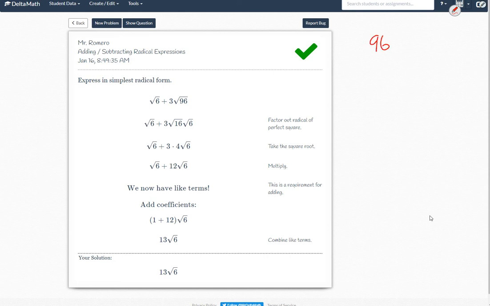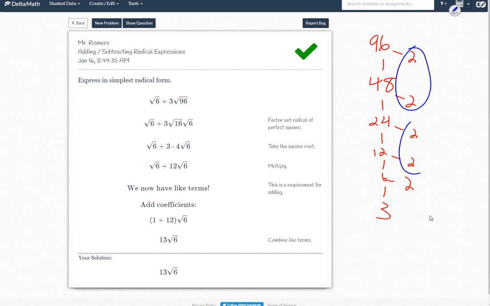But then 96 is 2 and 48, 24, 12, 6. So regardless of how your tree looks, you should end up with five 2s and a 3. So I can bring out two 2s. We got this square root of 6 first that I couldn't change. But then I brought out a 12, and on the inside stayed 2 times 3, which is 6.